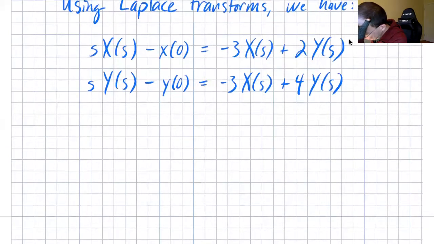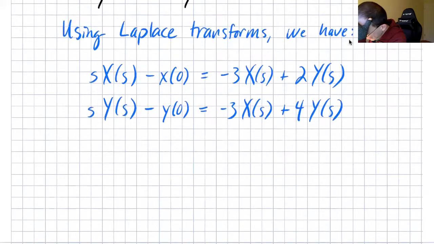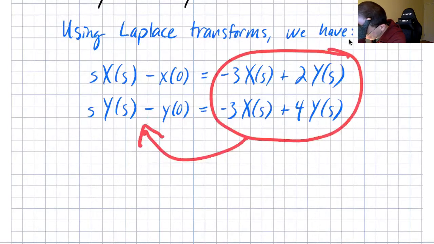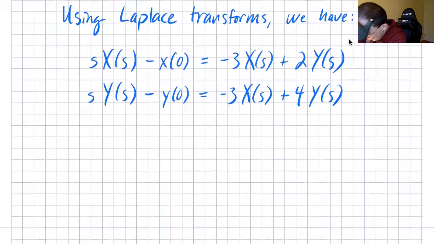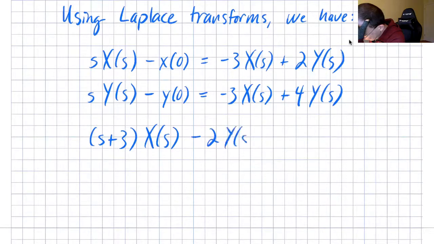So let's move all the Laplace transforms to the left, and we'll move these guys over to the right here. So all this stuff here, I'm going to put it over here. So I'm going to have s plus 3x of s minus 2y of s.